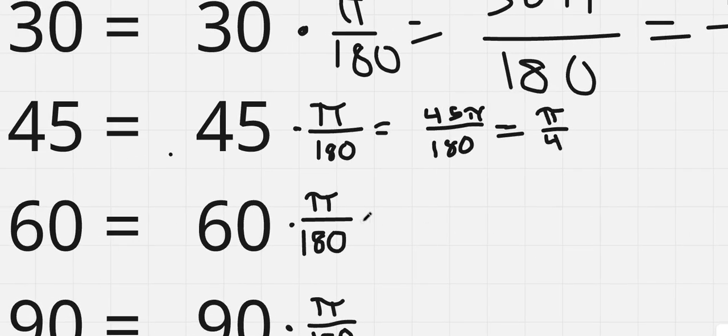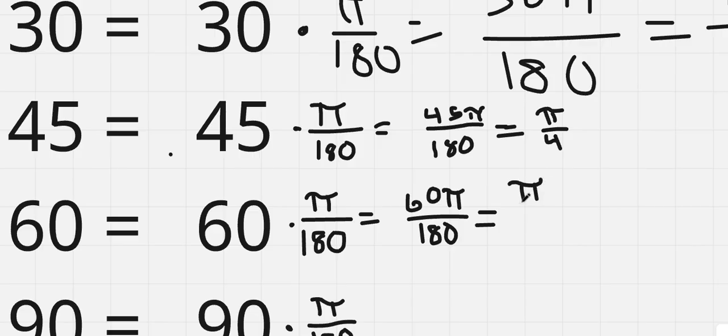Next one, 60. 60 times pi over 180 is 60 pi over 180, which can be reduced because 60 and 180 have a common factor of 60. 60 goes into 60 once, so that's 1 pi at the top.